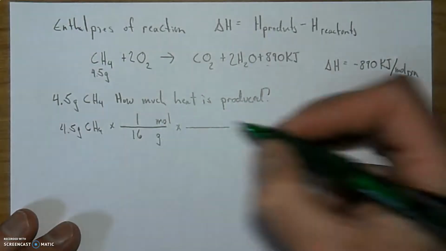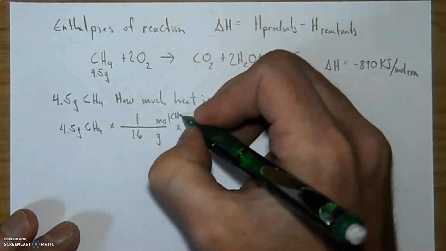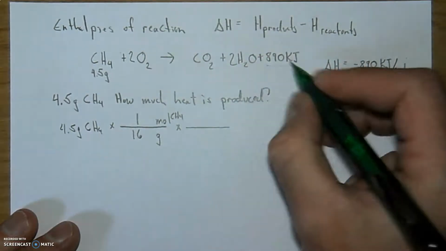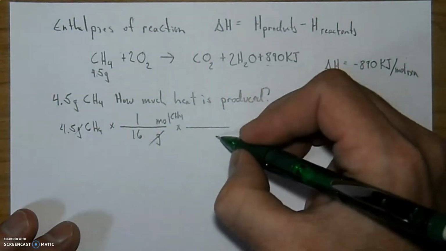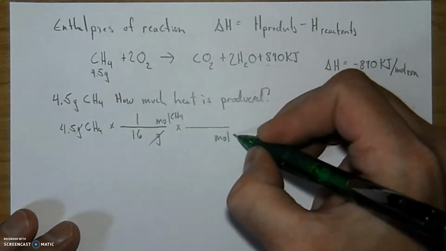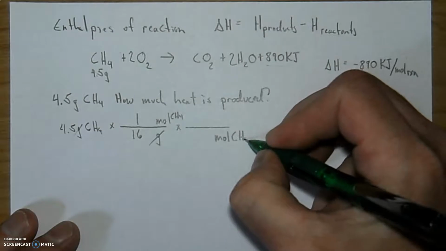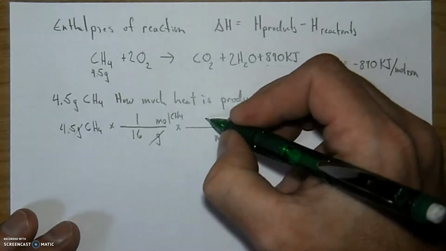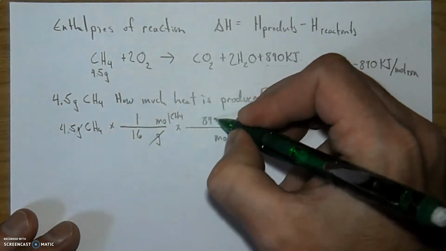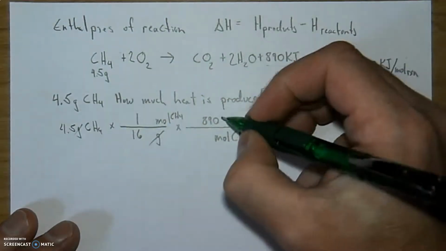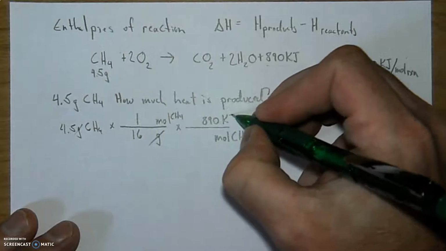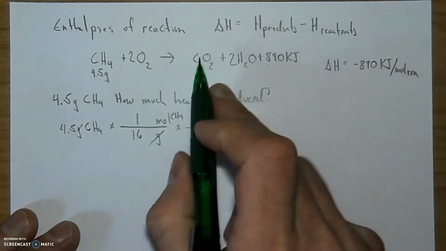But now, I'll put the methane up here. I need to get to energy, but I have, at the moment, moles of methane. I'm going to write moles of methane down here. And the energy involved in comparison, based on this equation, is 890 kilojoules of energy for every whatever number is sitting in front.